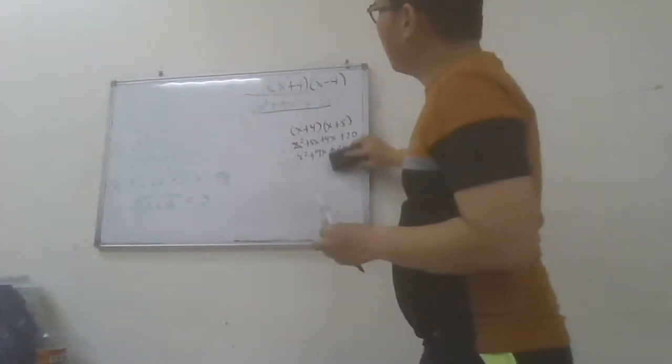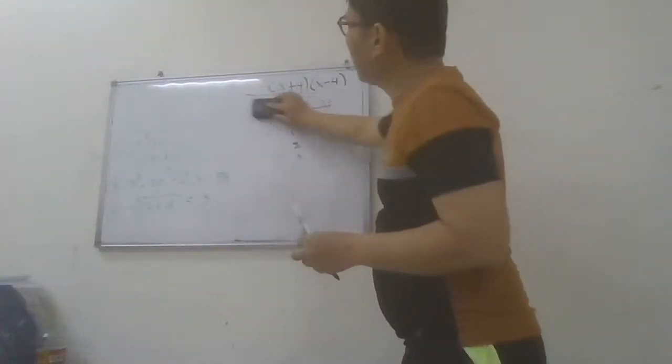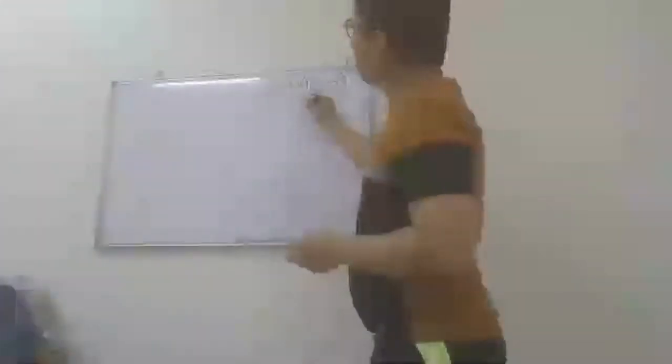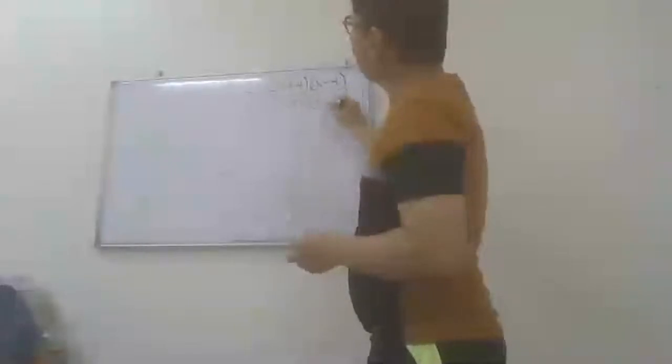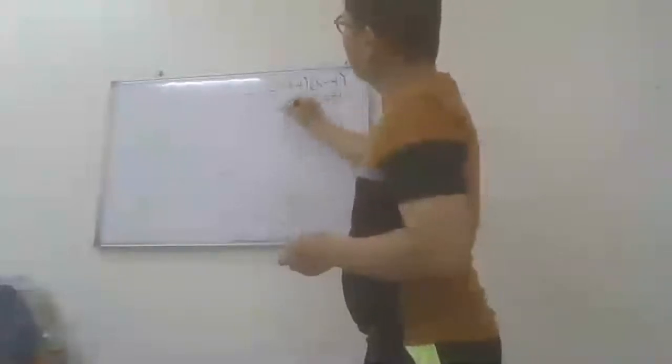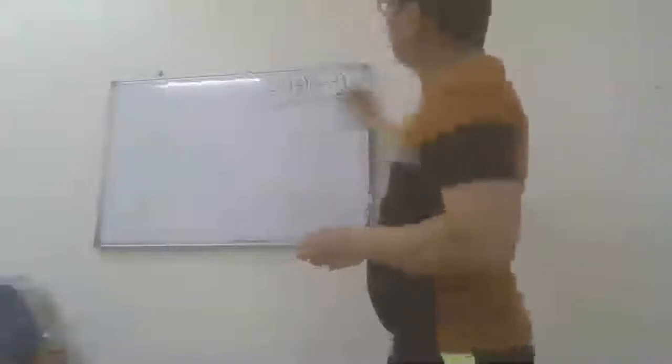So we substitute x plus 4 times x plus 5 here in the denominator. Maybe I cancel this one. So what's left here is x minus 4 over x plus 5, that is the answer for this.